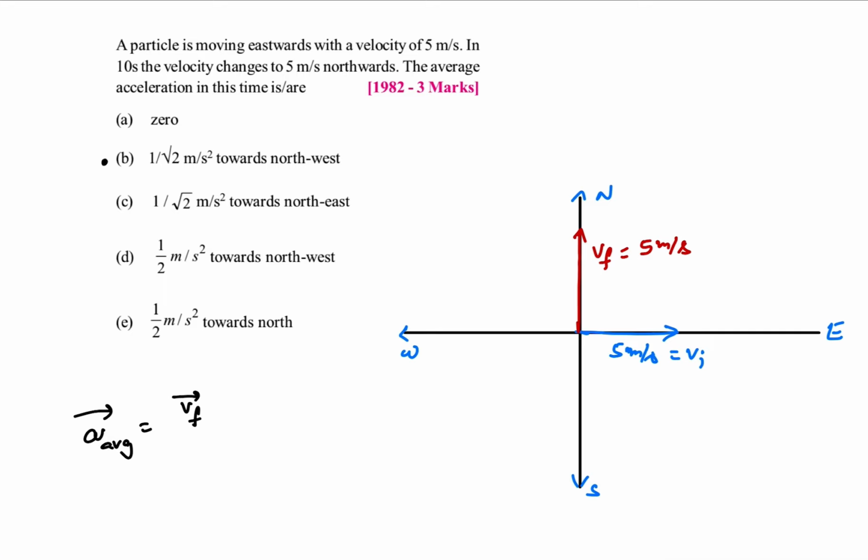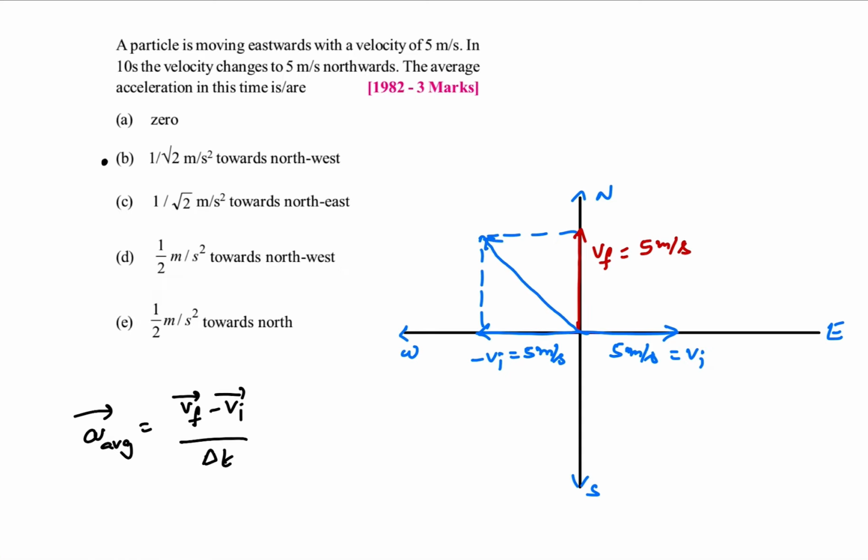You observe this, a average is equal to final velocity vector minus initial velocity vector divided by delta t. If you observe, the initial velocity vector is in the east direction, so negative of initial velocity is what here? West direction will be there. This is a velocity vector. Now you can see which direction it has to move.